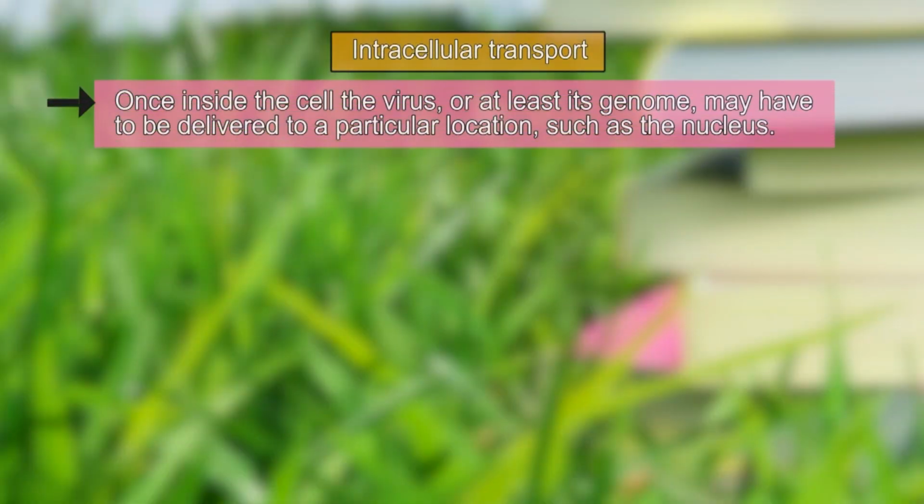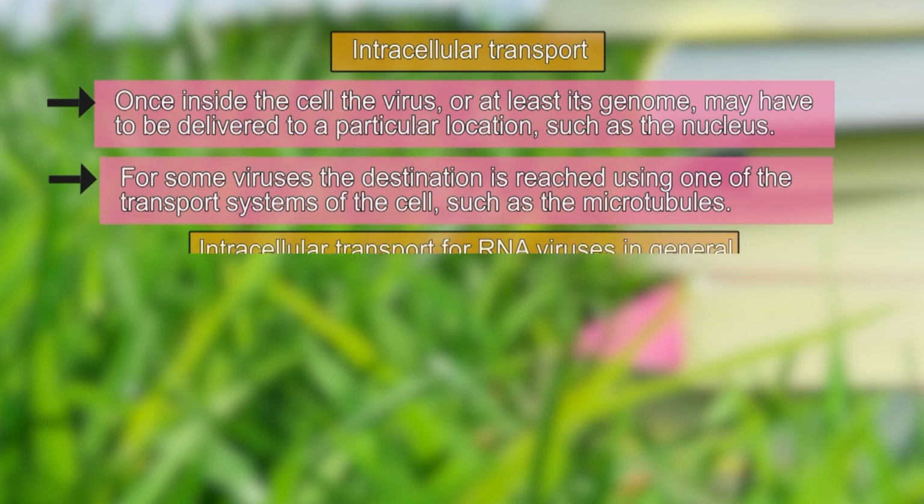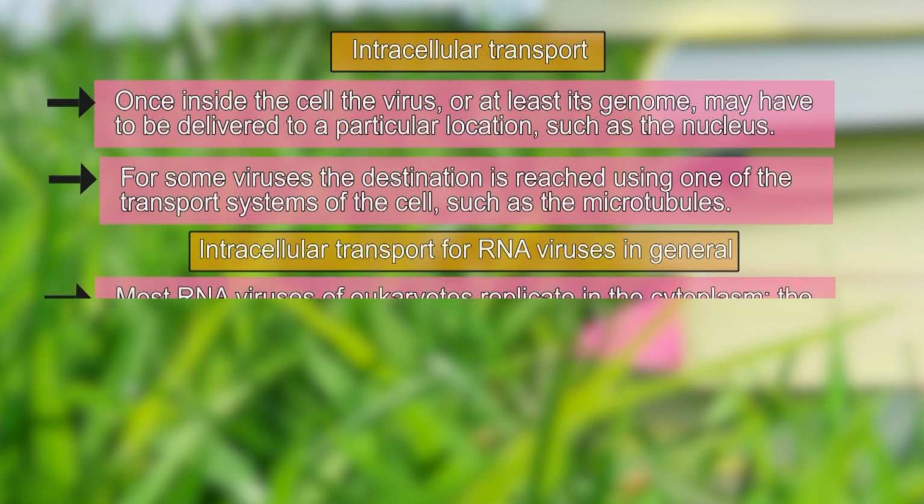So the next step is intracellular transport. After attachment and entry, for intracellular transport, the viral genome must enter a proper location, that is either the cytoplasm or the nucleus, and for this they take the help of host microtubules. Now let us have a look at the intracellular transport of RNA viruses and DNA viruses.